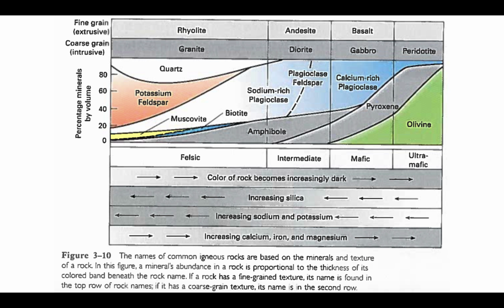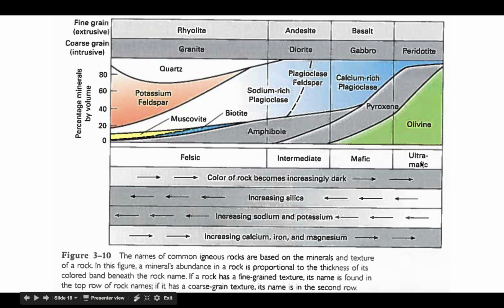And then I wanted to add this figure to help you folks, to flesh this out a little bit more. If you're close to 100% olivine, with a little bit of pyroxene and calcium plagioclase, then you're a peridotite. That's a type of rock, and that's what the mantle is.